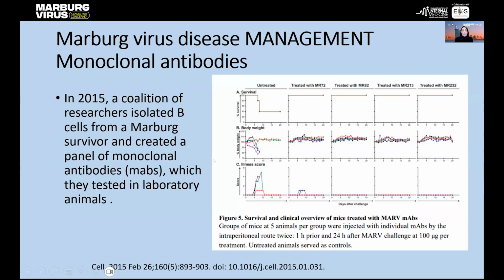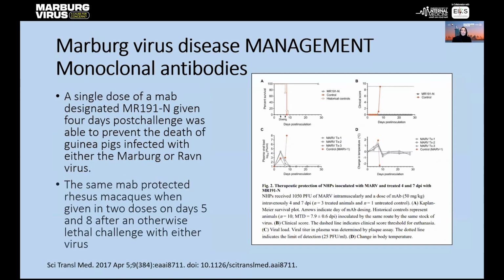In terms of treatment, in 2015, a group of researchers isolated B cells from a Marburg survivor patient and created a panel of monoclonal antibodies, which they tested in laboratory animals. A study showed that a single dose of the monoclonal antibodies that was designated as MR191N, given 4 days post-challenge, was able to prevent the death of the pigs infected with either Marburg or Raven virus.